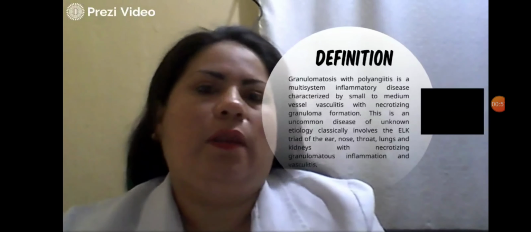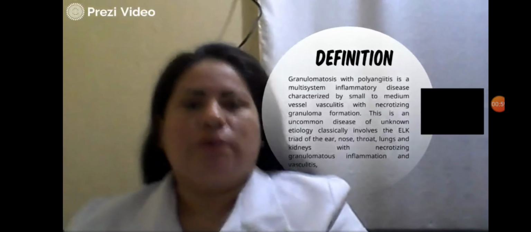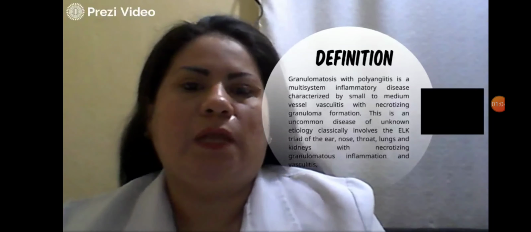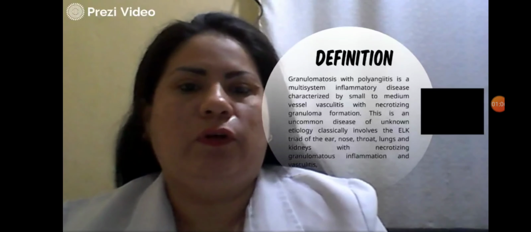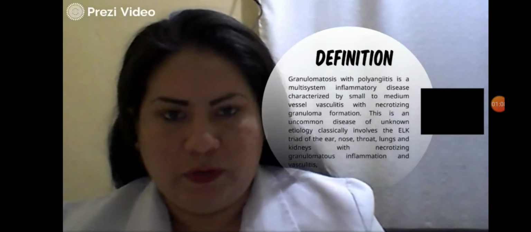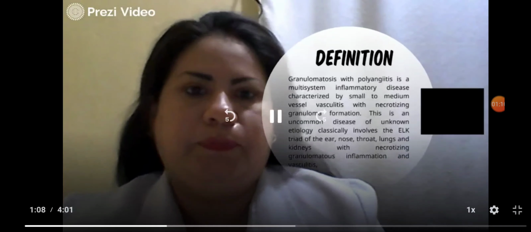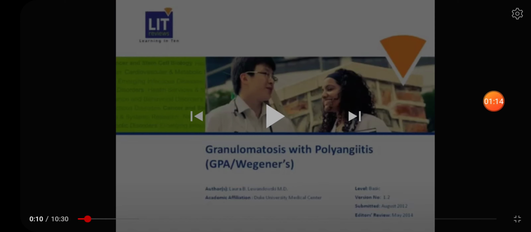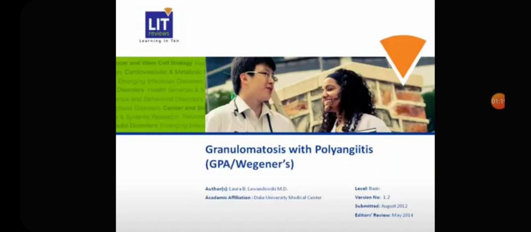Clinically, it involves the ear, nose, throat, lungs, and kidneys, with necrotizing granulomatous inflammation and vasculitis. Granulomatosis with polyangiitis, or GPA, was formerly known as Wegener's granulomatosis.